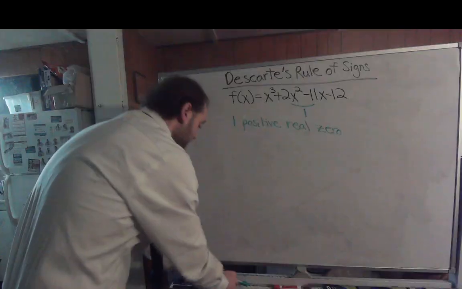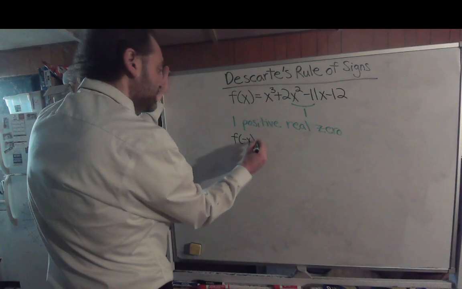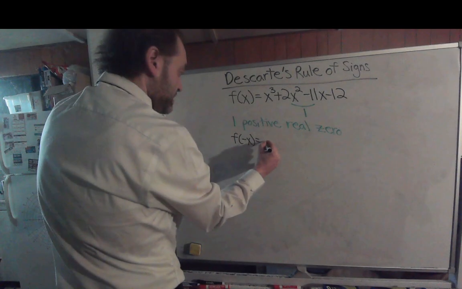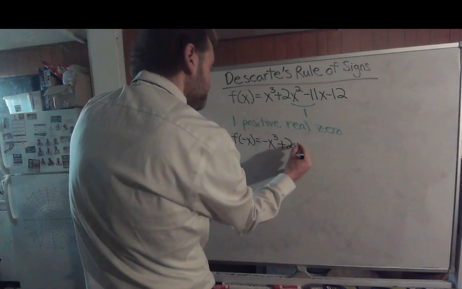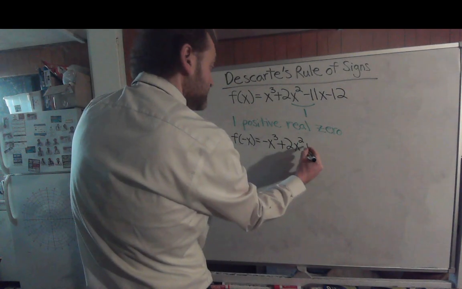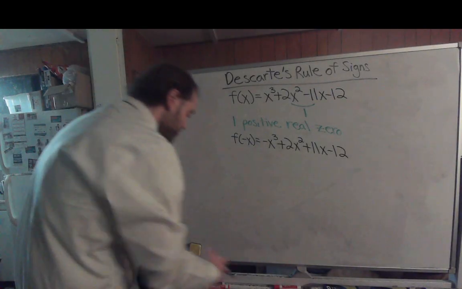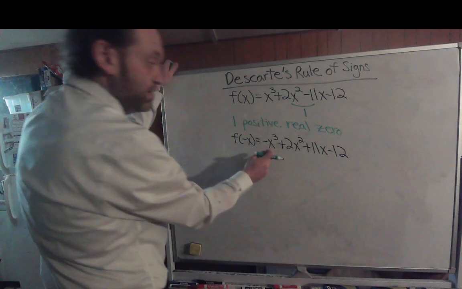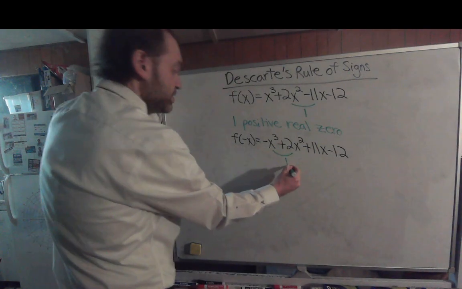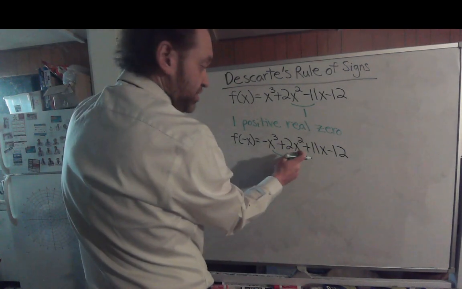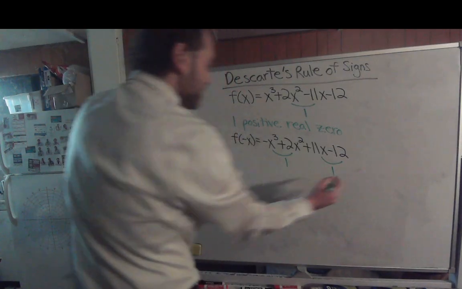Now, we want to figure out the negative real zeros. So put in f of negative x. Negative x to the third would give you just that, negative x to the third. You'll still have plus 2x squared. Then this would give you plus 11x minus 12. Now, how many sign changes do we have here? We go from a negative x to the third to positive 2x squared, so there's one sign change. We don't have any between 2x squared and 11x, but from 11x to negative 12, we have another sign change.